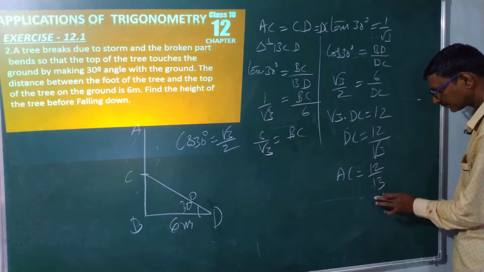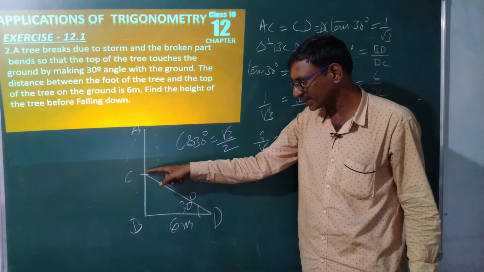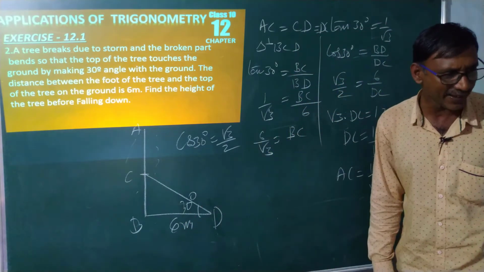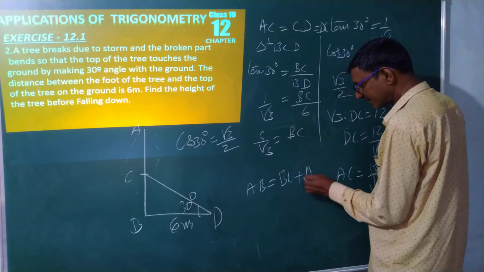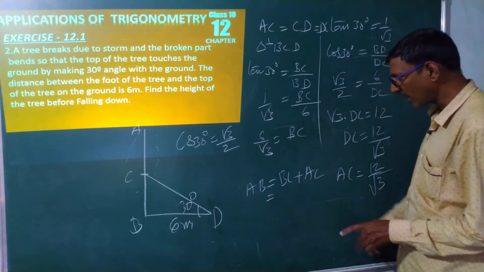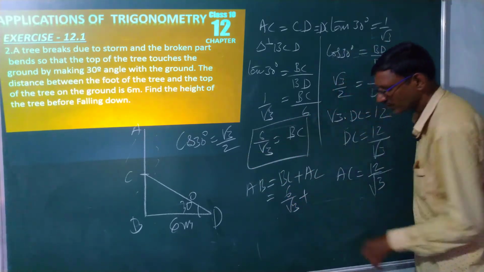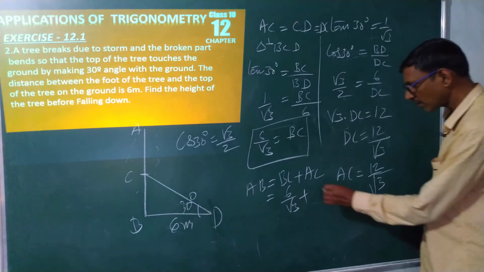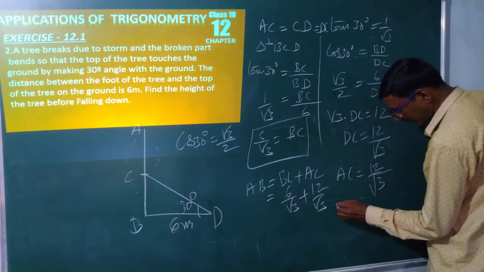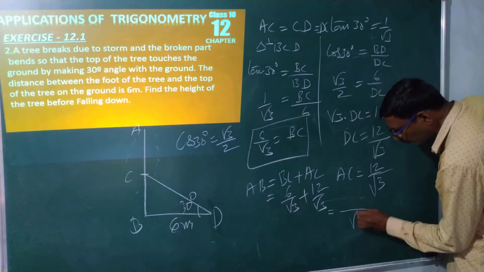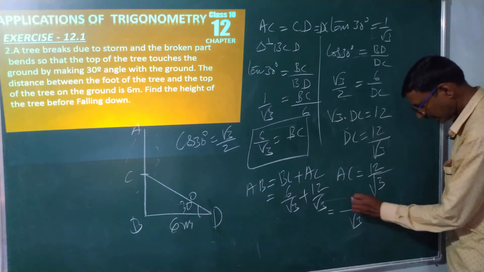Now I would like to add BC plus AC, which gives AB, the height of the tree. So AB is equal to BC plus AC. BC we have 6 by root 3. AC I have 12 by root 3. Denominators are the same, so we can write root 3 as this. 6 plus 12, 18.